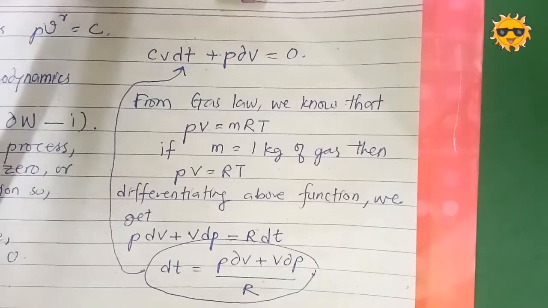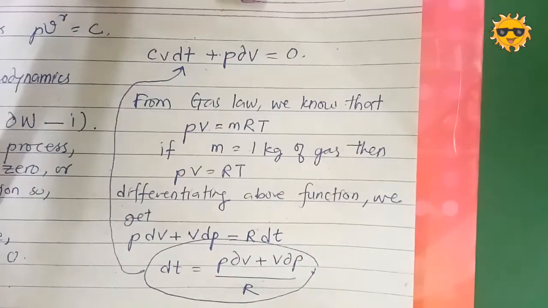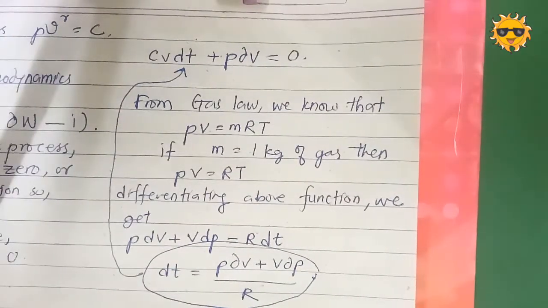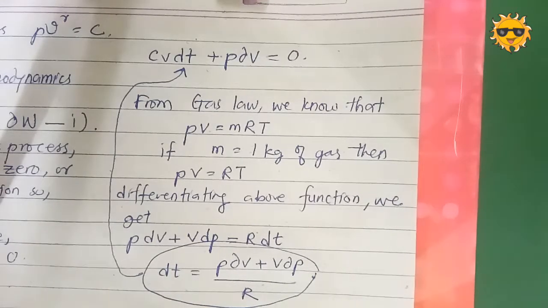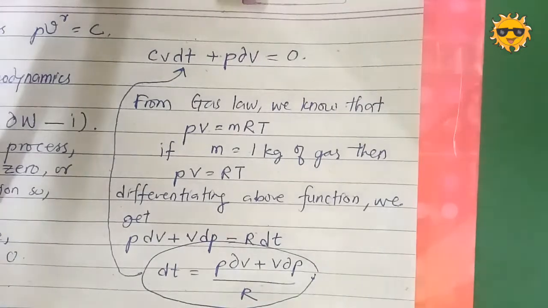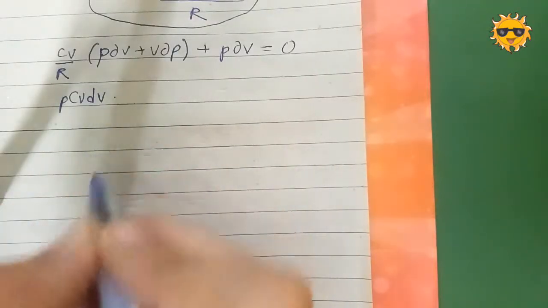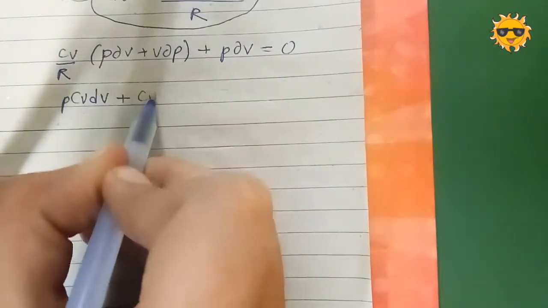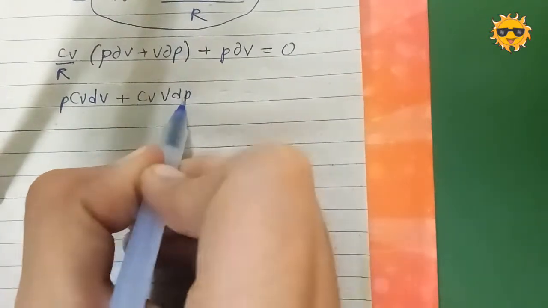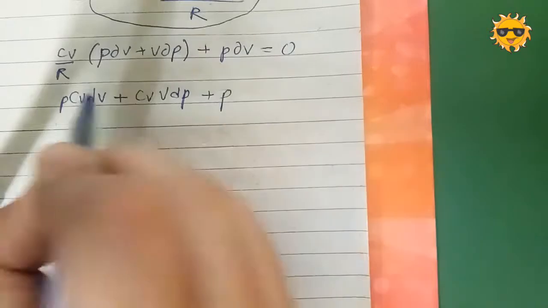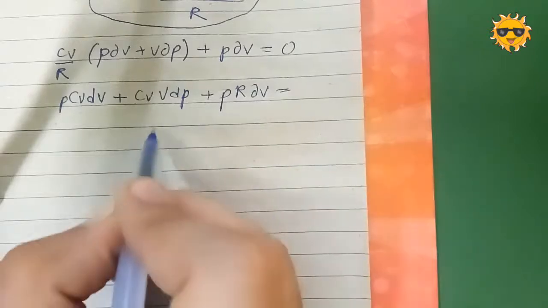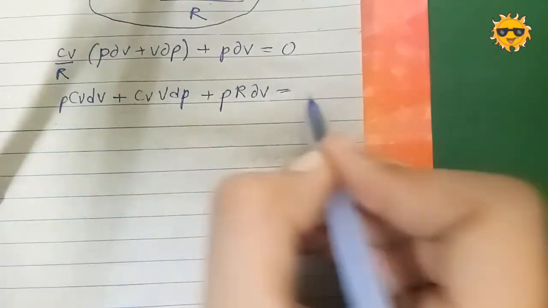If we substitute the value of dT in the above equation, what we are going to get is Cv by R times P dV plus V dP plus P dV is equal to 0. As we multiply and find the common denominator, we are going to get the equation.